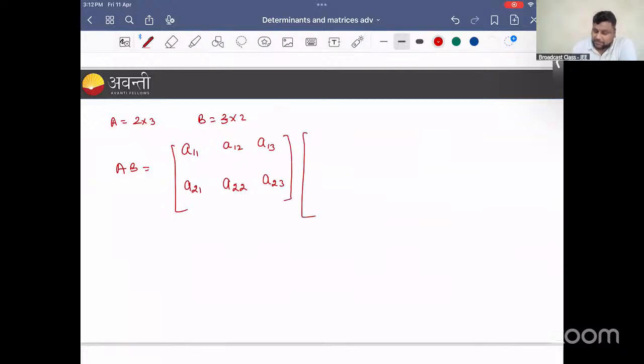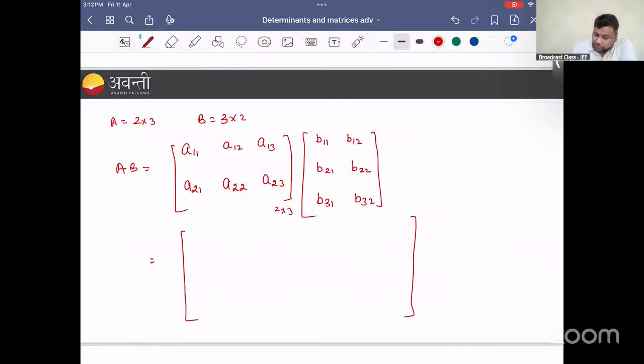Then B is B11, B12, B21, B22, B31, B32. Now see very carefully how I multiply it. First of all, I know the resultant will be of order 2 by 2, since this is of order 2 by 3 and this is of order 3 by 2.